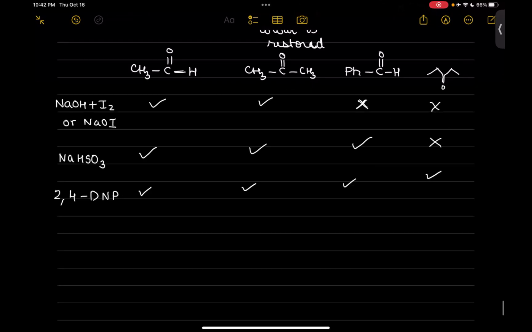Next is the silver mirror test. Sometimes they just write Ag+. It is Ag(NH3)2+, or AgNO3 and ammonia, ammoniacal silver nitrate.